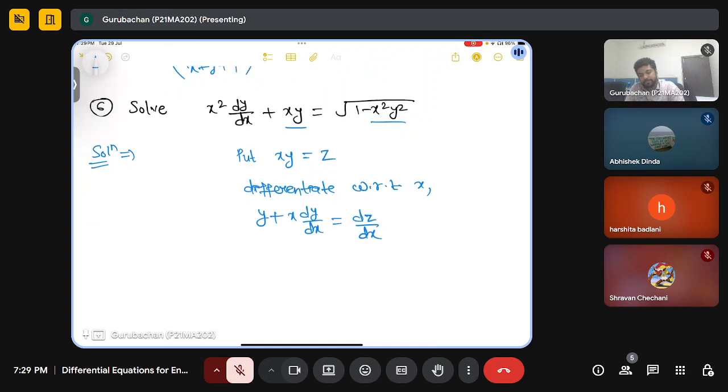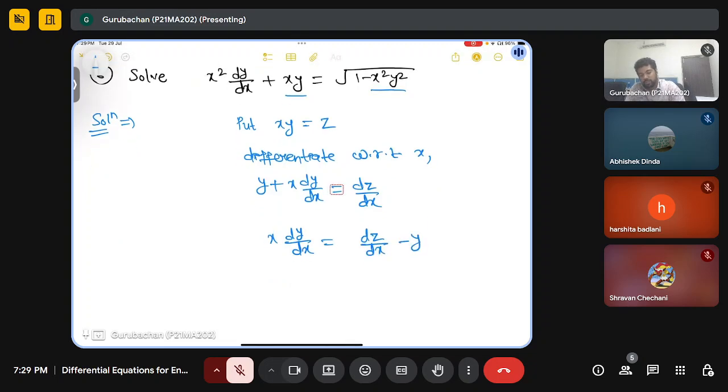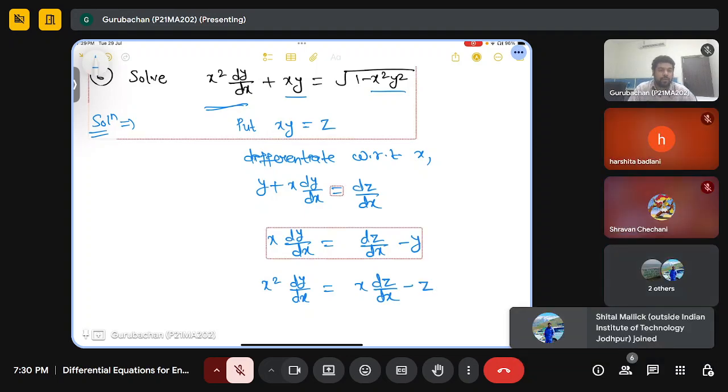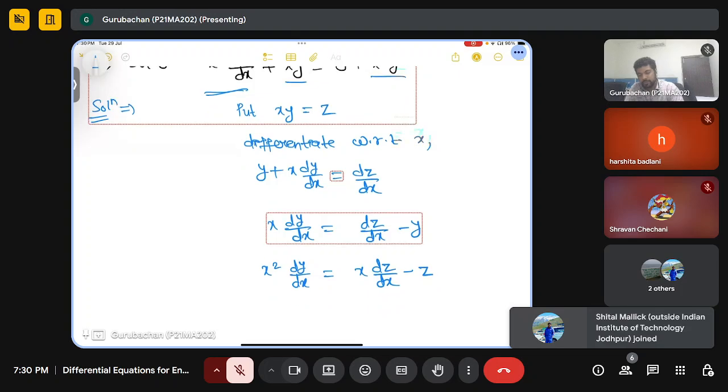So what will it give you? x dy by dx is equal to dz by dx minus y. If you multiply with this x, since here it is an x square type term, this will give you the advantage that this will be x dz by dx, and minus xy is nothing but z. I hope it is correct.